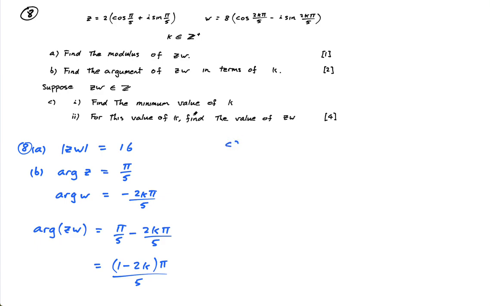Part C. Suppose zw is an integer, an element of Z. Find the minimum value of k.